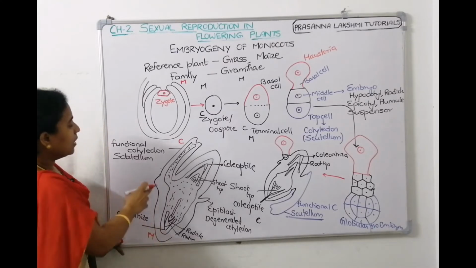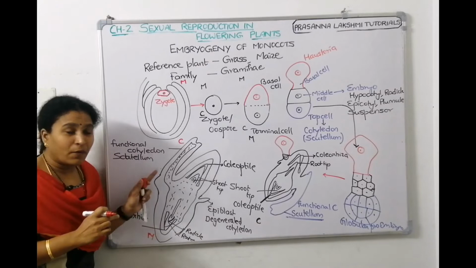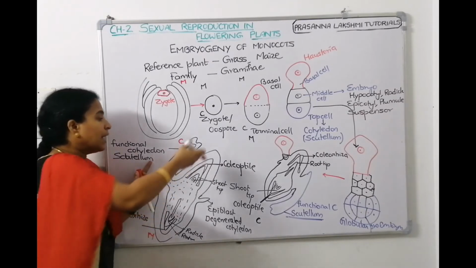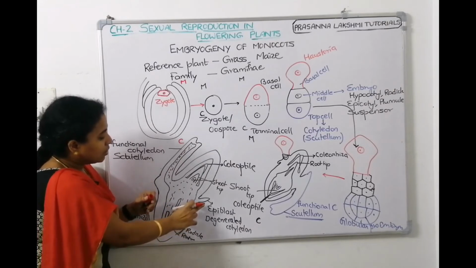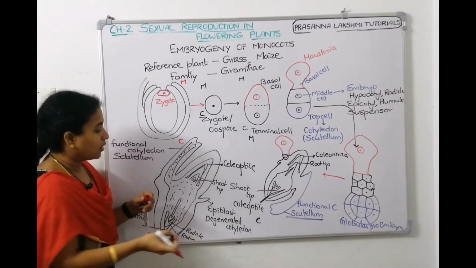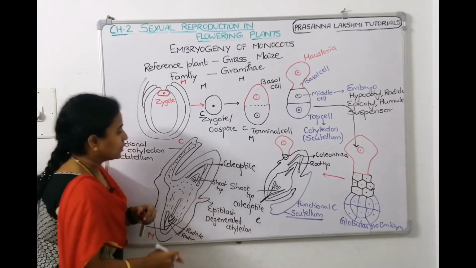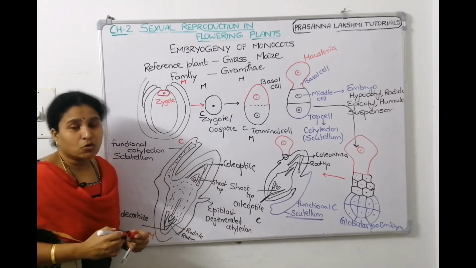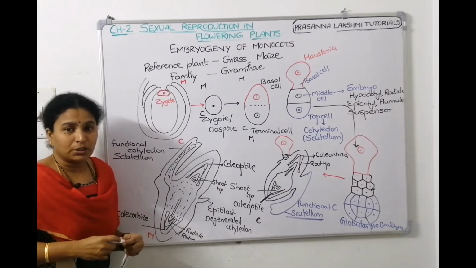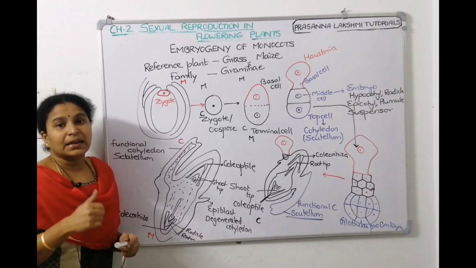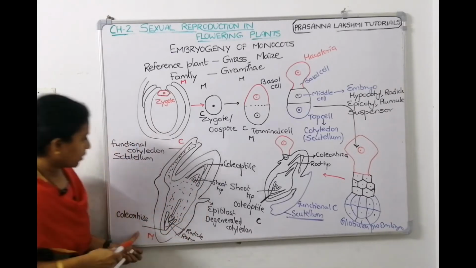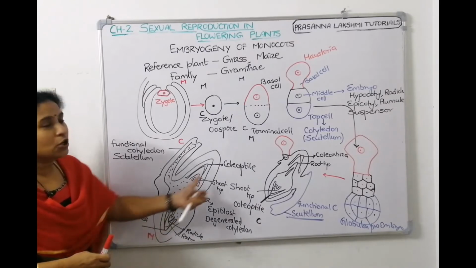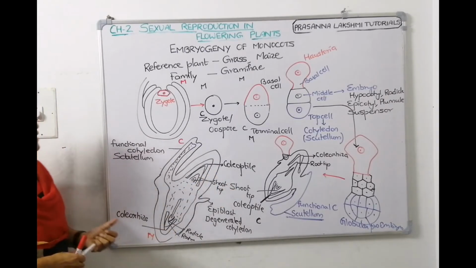Laterally on one side the scutellum will be there, and at the center the embryonic axis will be there, and on the other side we can see the degenerated cotyledon, which is called epiblast. And in monocots, the root tip and the shoot tip, the radicle and the plumule, are covered by a tissue. Root tip is covered by coleorhiza, shoot tip is covered by coleoptile. Take a screenshot, we'll continue.